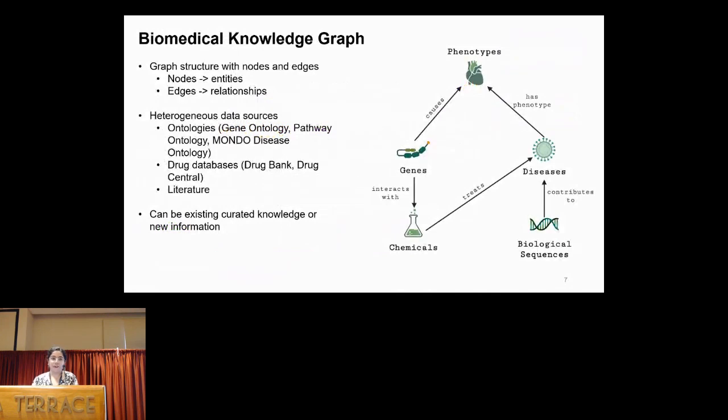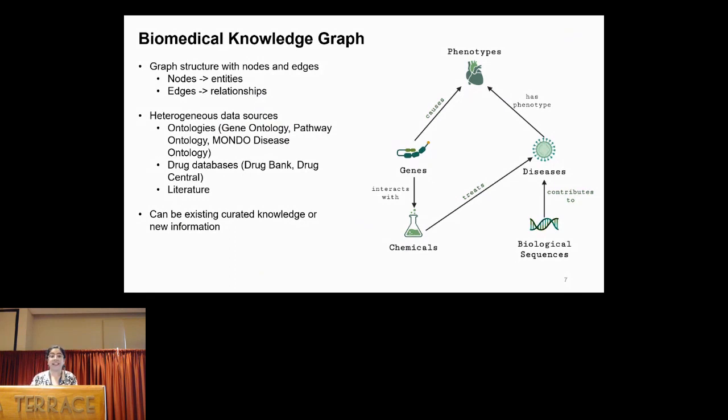Now, how does this fit into knowledge graphs? A brief background, biomedical knowledge graphs are graph structures where biomedical entities are represented as nodes in the graph and relationships between the entities represent edges. In this simplified example, entities such as phenotypes, genes, and chemicals are related to each other with different relationships.